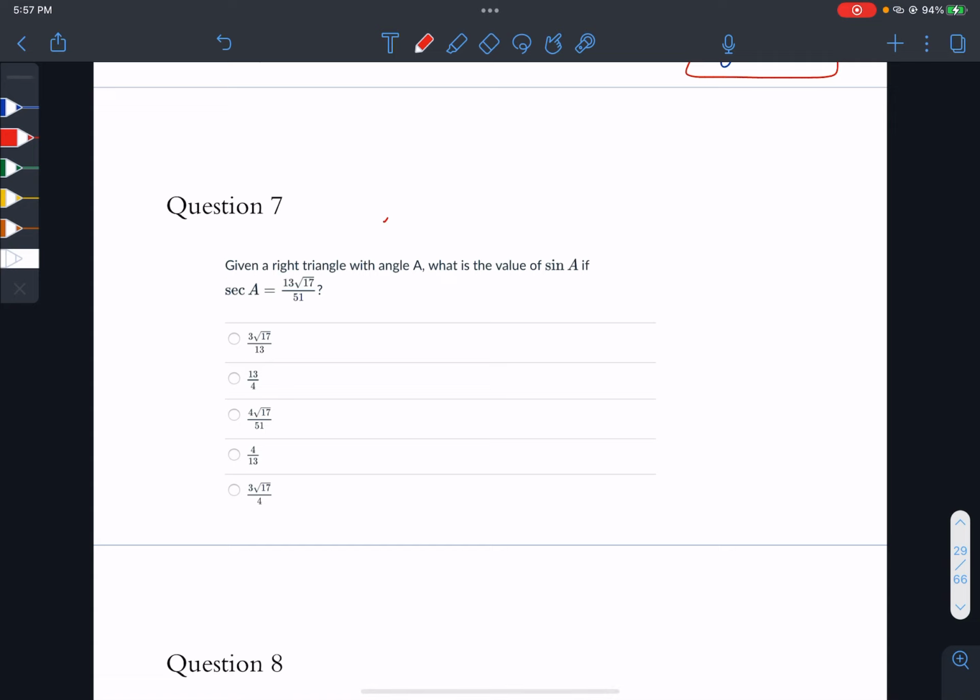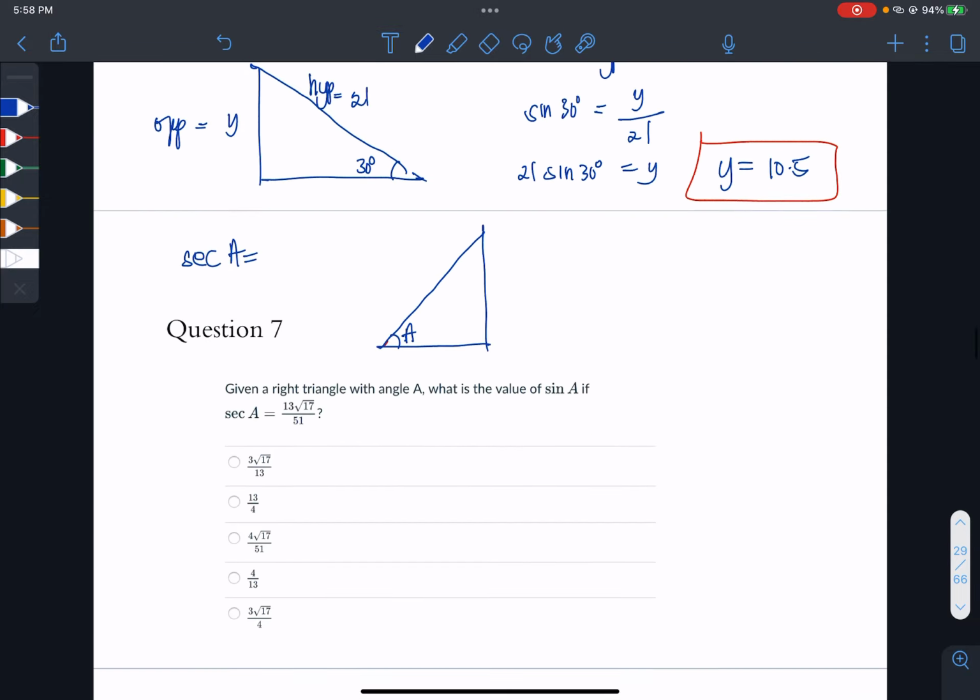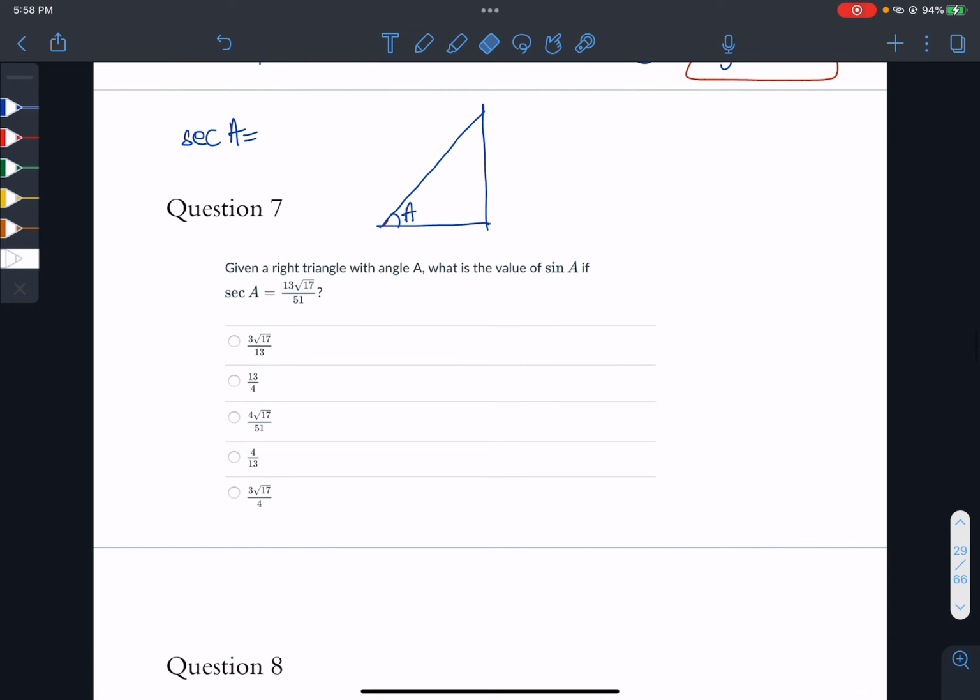Let's say you have a triangle. It says secant A. Let's say this is angle A. Secant is the reciprocal of cosine. Cosine is adjacent over hypotenuse, so secant is hypotenuse over adjacent side.